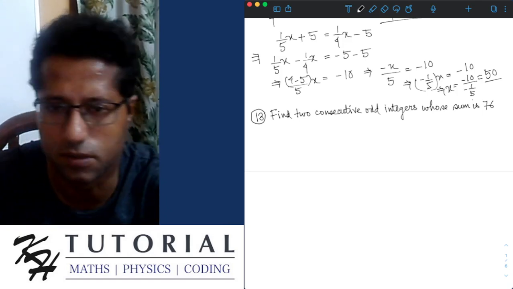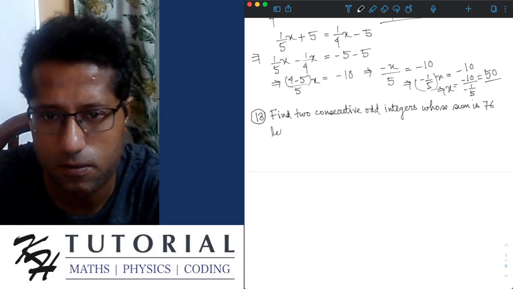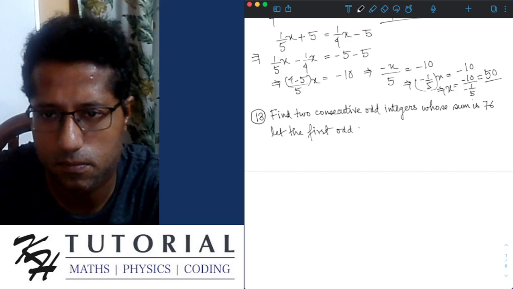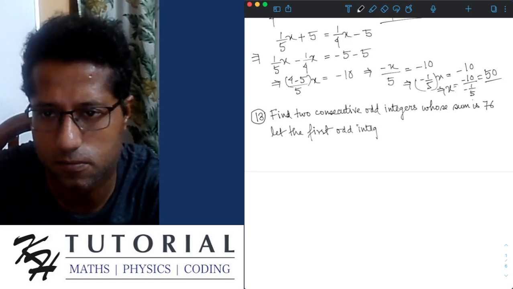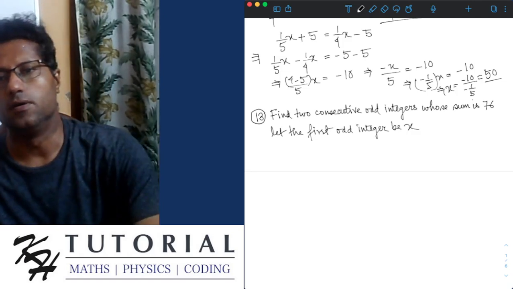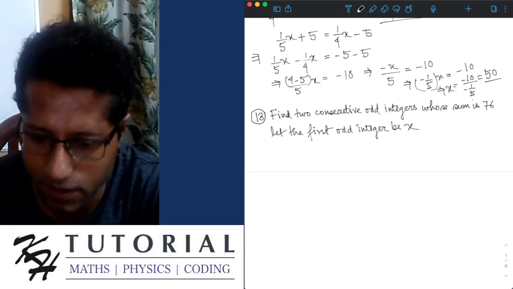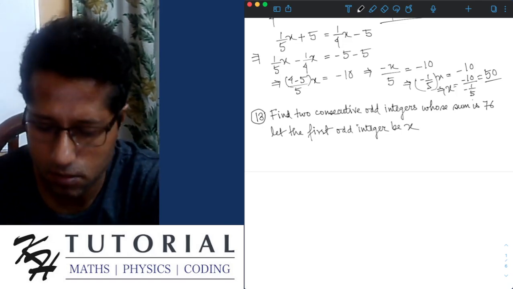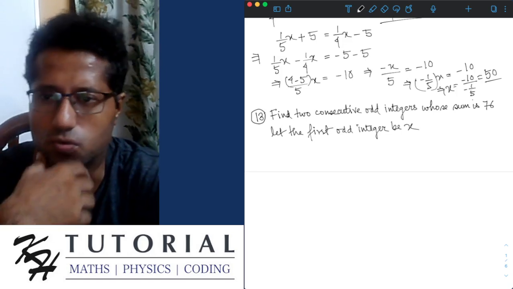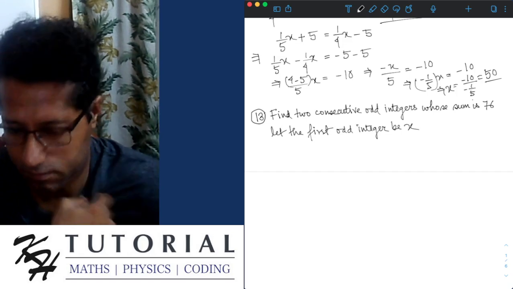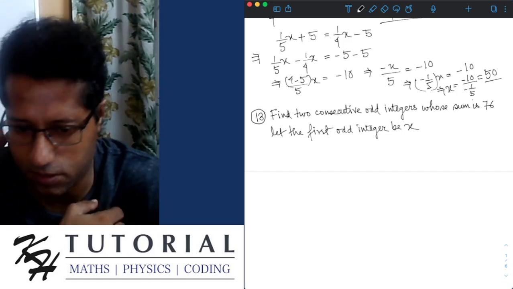So let's assume the first odd integer be x. Now you know that for any odd integer, let's say 3, the next odd integer will be 3 plus 2, because immediately the next number will be an even integer, and after that the next odd integer will come.